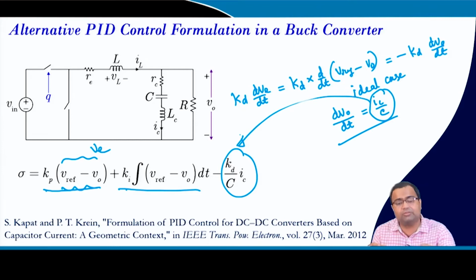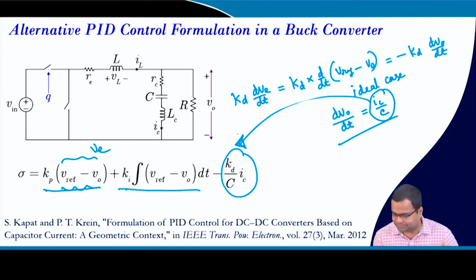Even though the circuit will have ESR and ESL, by incorporating capacitor information, we can retain the ideal derivative action even for a practical circuit. So, we can resemble the ideal derivative action by sensing either capacitor current, or load current minus inductor current, or their combination along with the estimation.